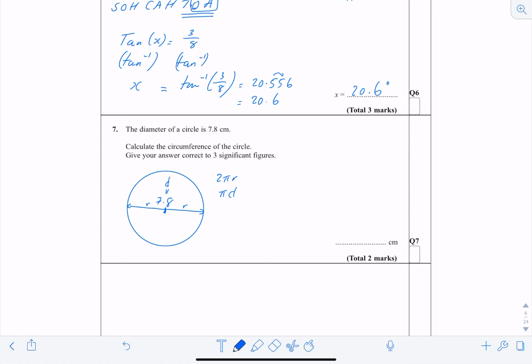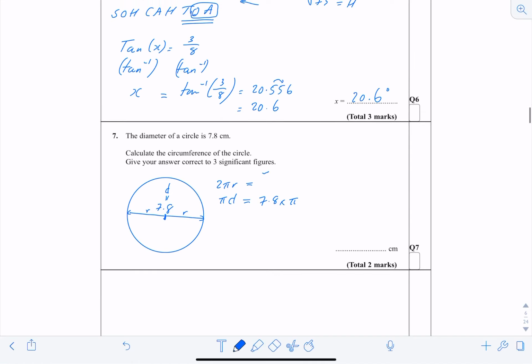I can either use this formula here, which is 7.8 times pi, or I can do 7.8 divided by 2, which is 3.9, and do 2 times pi times 3.9.